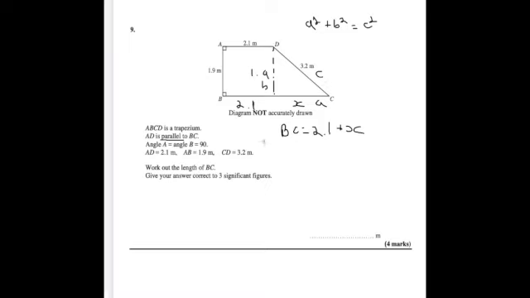So you're still trying to find x, which is A. You can rearrange the formula, so x squared, which is the same as A squared, plus 1.9 squared equals C, which is 3.2, so 3.2 squared.